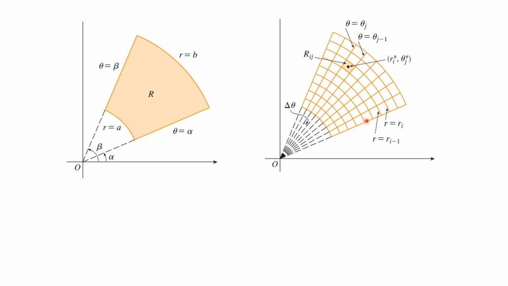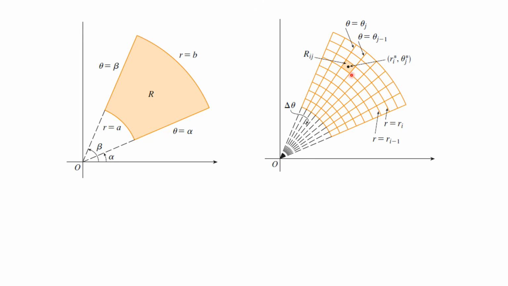As you can see here, we have two circles: r equal to r sub i, and the ray theta equal to theta sub j. They divide the polar rectangle R into small polar rectangles, and these small polar rectangles would be this one.